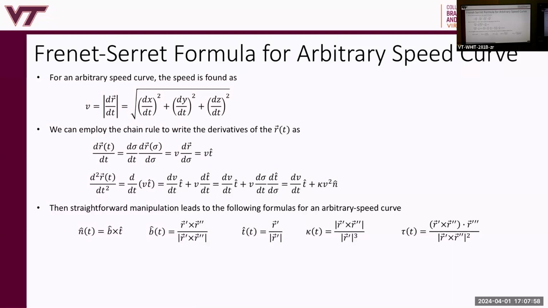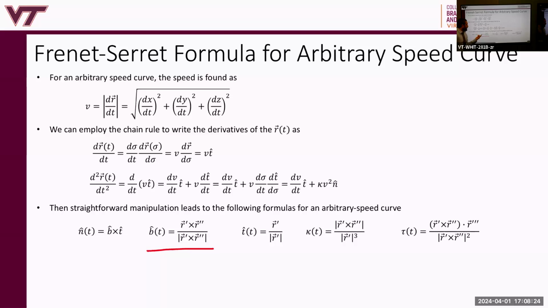All right. So then we can do straightforward manipulation, which leads to the following formulas for an arbitrary speed curve, okay? N of t is equal, now it's parameterized with respect to t, not sigma. N of t is B cross with T, same formula as before, except now we have the binormal is found as r prime cross with r double prime, and then you normalize it to make it a unit vector.